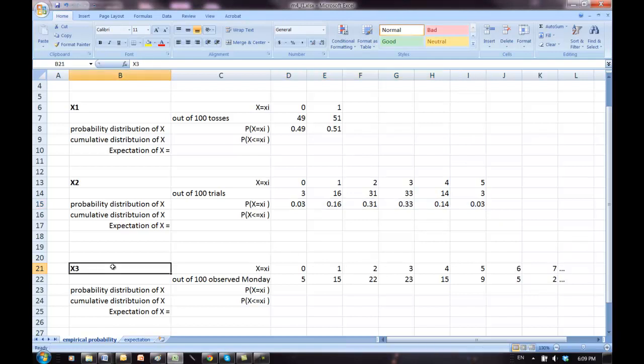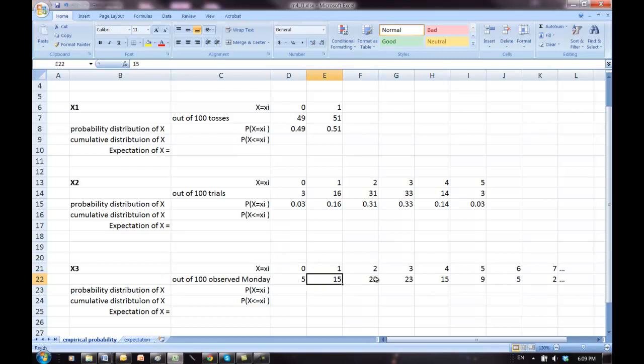So for x3, instead of relying on experiments, we now need to rely on observations. But the same idea still applies. Of 100 observed Mondays, we can record how many days there are 0 customers showing up in that 1 hour window. In this case, it's 5.